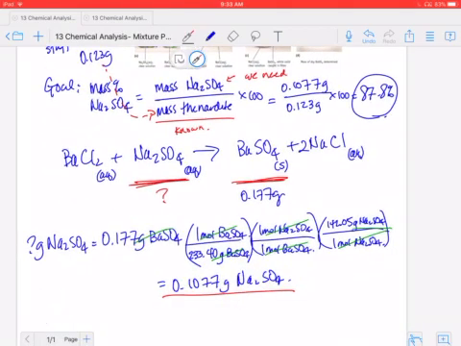We can find that top number by starting out and setting a balanced equation between the two things we're going to react, recognizing that all of the sulfate from the thing we're interested in ends up in the barium sulfate on the product side. Set up our basic stoichiometry problem to find that starting mass of sodium sulfate and plug that back into our mass percent problem.